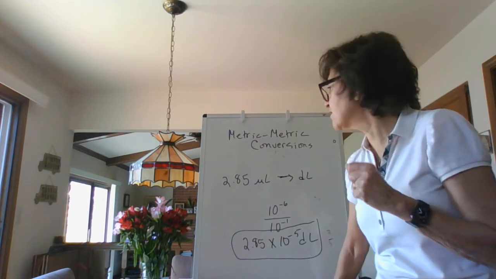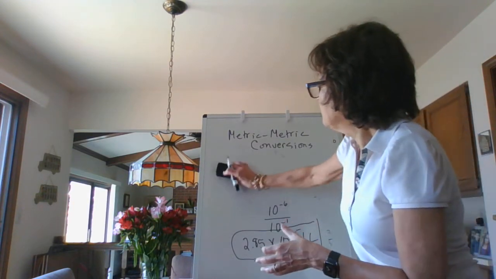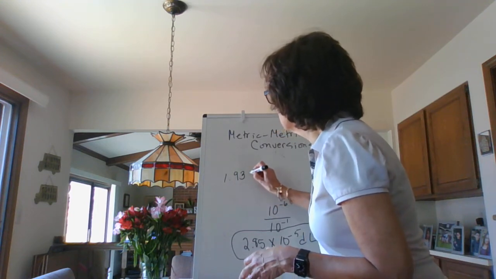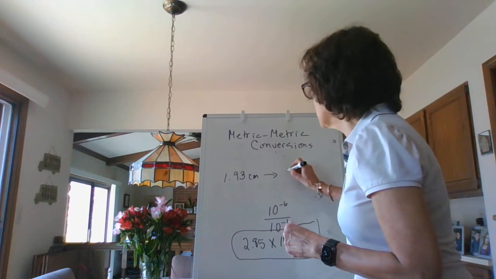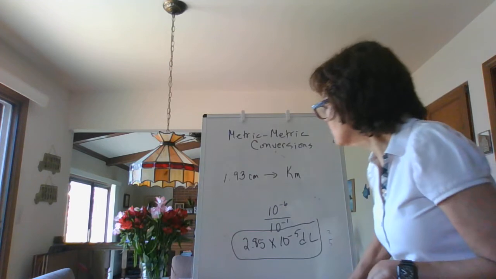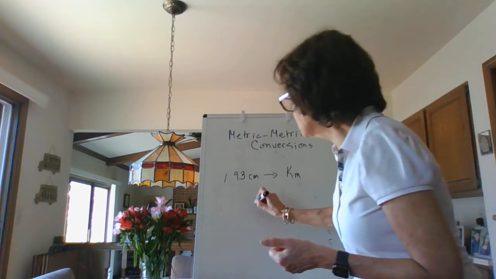Let's try another one, okay? Let's say I have 1.93 centimeters. And I want it to become, let's say, kilometers. Okay? So what do we do? Centi is 10 to the minus 2.